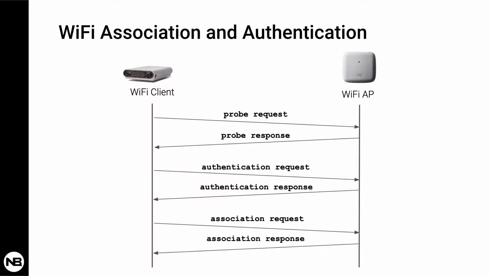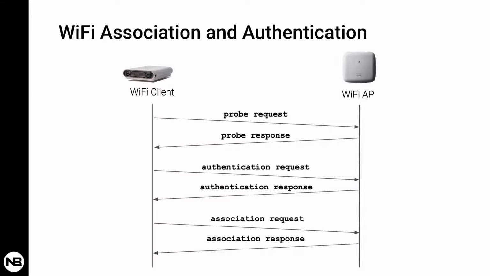Then in the second step, there is the authentication phase, where the keys or the authentication method are exchanged, enabling the client to authenticate with the network, to make sure that unallowed or external clients are not able to access the private network. And lastly is the actual association step to the access point and the network itself.